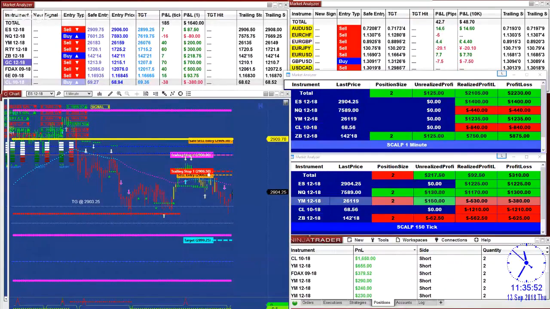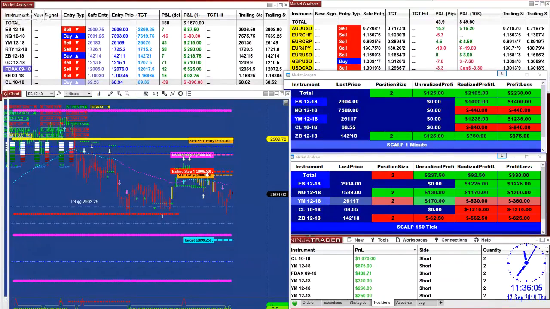Maybe the market is going to go up. Looks like it's moving a little bit. So I'll stay quiet a little bit and see if we can get anything out of that trade. I really would love to share one more signal before we call it off for today. The time is 11:36.